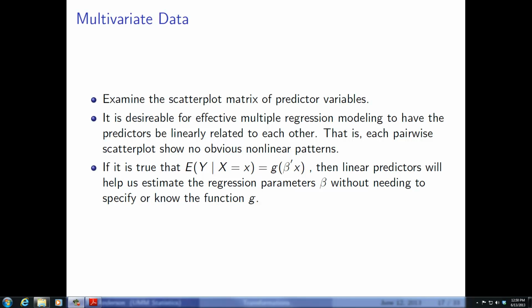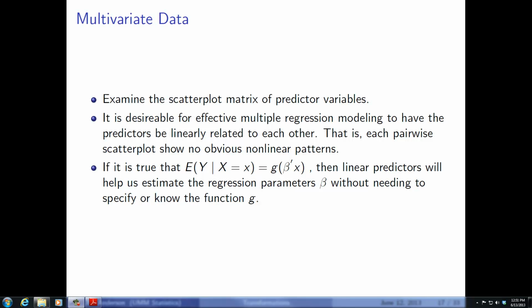It's just curves and obvious curves that are going to cause us a lot of trouble understanding and interpreting our models. So one thing to know is that if the mean function of y as a function of the predictors can be expressed as a function of this linear combination of the betas multiplying the predictors, then having linearly related predictors is going to let us estimate the beta parameters well without really needing to know the g function that controls how the linear combination beta transpose x becomes the mean function.